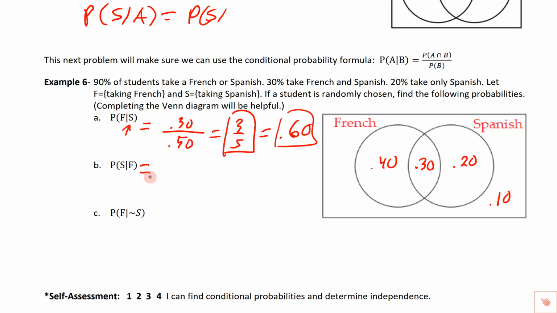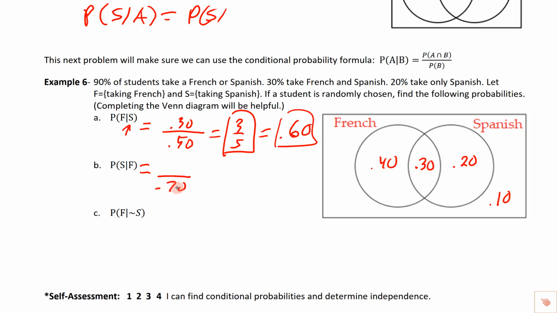Okay, opposite one. Probability that they're taking Spanish given that they're taking French. D, it's 3/7. How'd you get it? Because you're taking the total of all the Spanish students who are taking French too, so that's the intersection, which is 3, and then you gotta take the total of the French. Okay, what percentage are taking French? How much have we shrunk the sample space? It used to be 100%, what is it now? 70%.